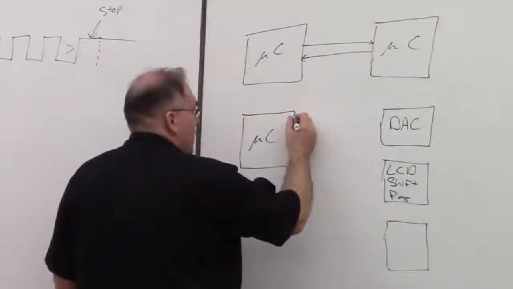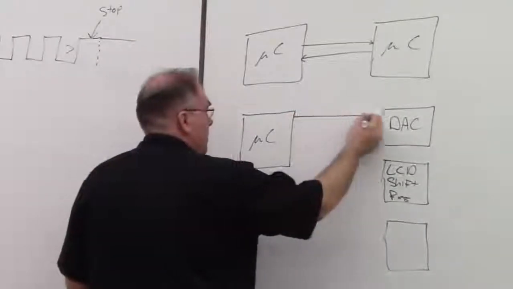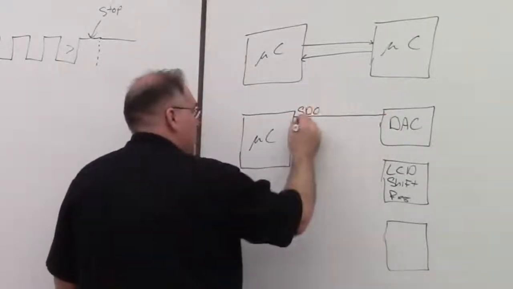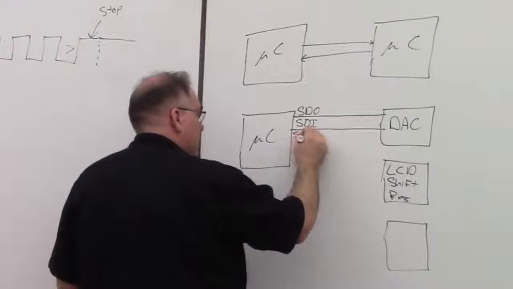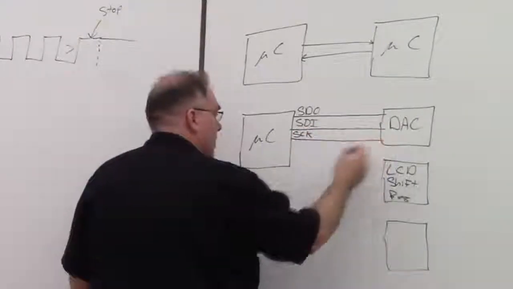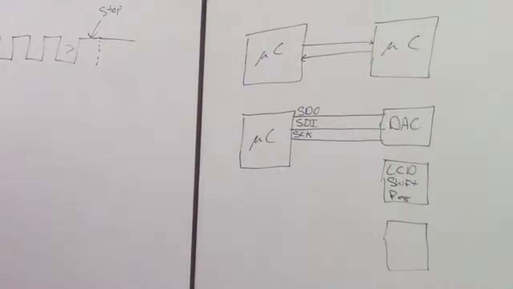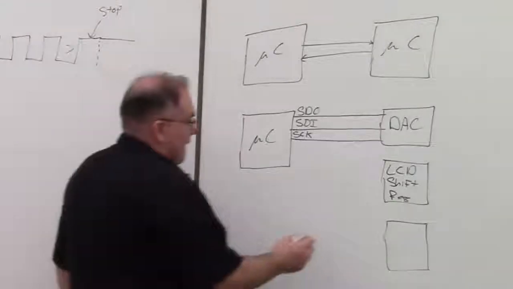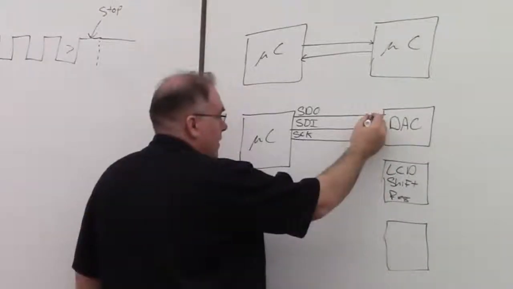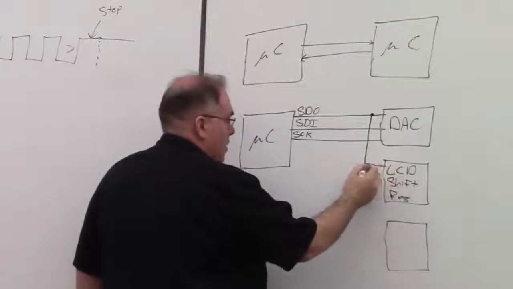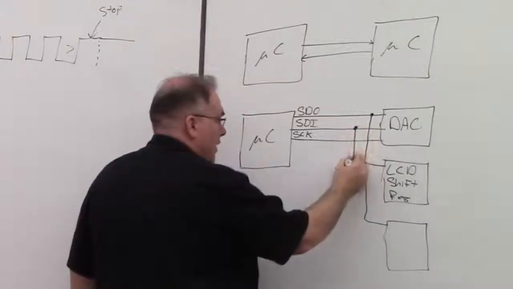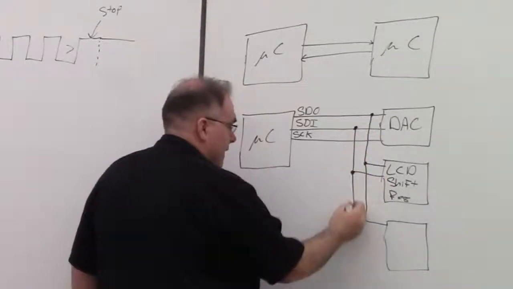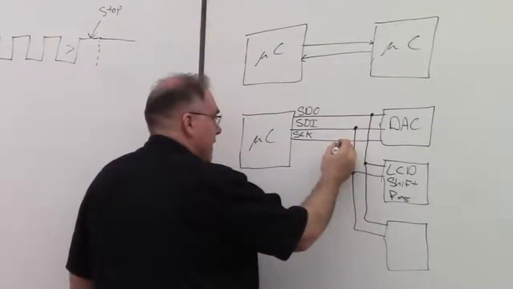So you have these 4 lines coming out of the microcontroller. And then the chip select line is a little special in that we need one for each chip. So for the SDO, we're going to be able to tap off and just hook all these lines in parallel. The SDI, same thing, and the SCK.